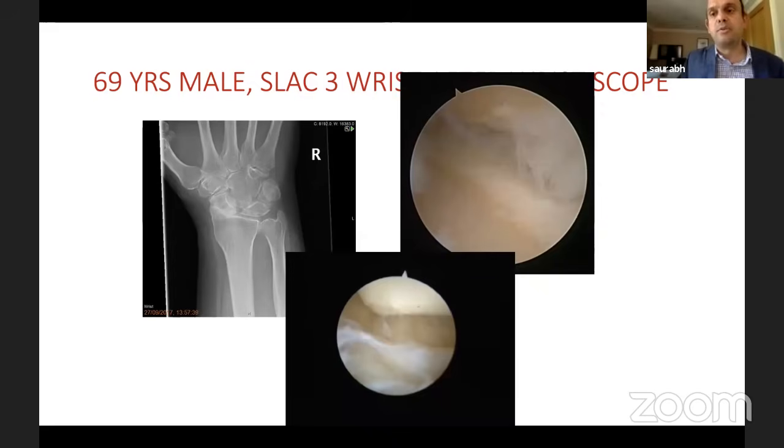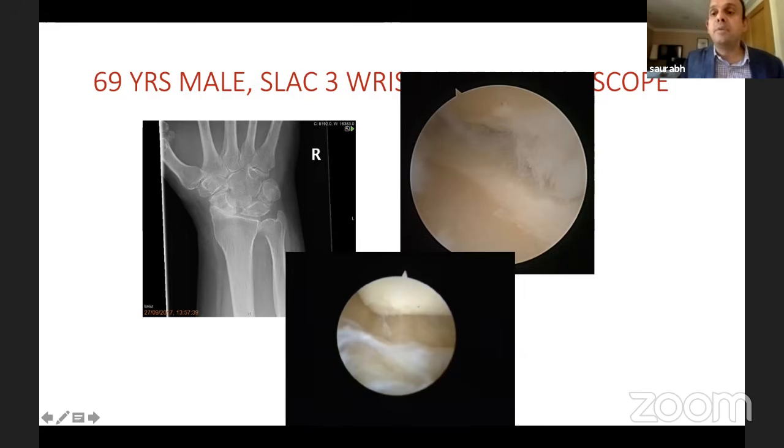So I think that was the key point in your SLAC and SNAC presentation, isn't it? Absolutely. Two things in SLAC and SNAC, as you said, Dr. Hitesh: one is the capitolunate joint and the other is the radiolunate joint. In this X-ray, everybody can diagnose arthritis in the radius and scaphoid, i.e. SLAC2. But I do not know if there is a SLAC3 here, and if there is, then is it a SLAC4?